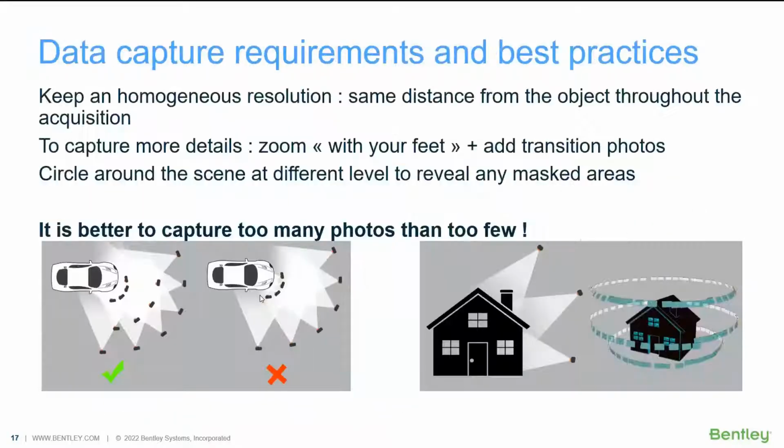So if you go here, you see, for example, if you want to do a building, you want a really nice side of the building, you have to fly lower and capture the data there. One quite common and really good technique is flying orbits with different heights and different distances to the object, and it works really well because you capture a lot of what we call tie points as you go around the area.